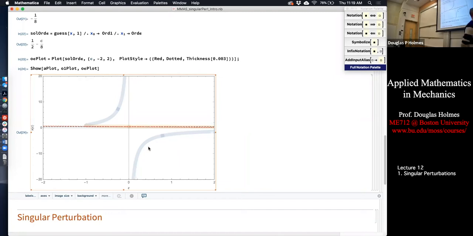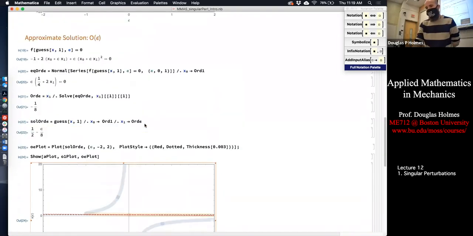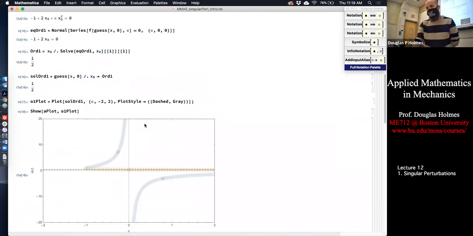I'm sorry if this is a stupid question, but in the approximate solution of order 1, why is it necessary to reiterate that f of x epsilon equals 0? Or I have it as line 87.